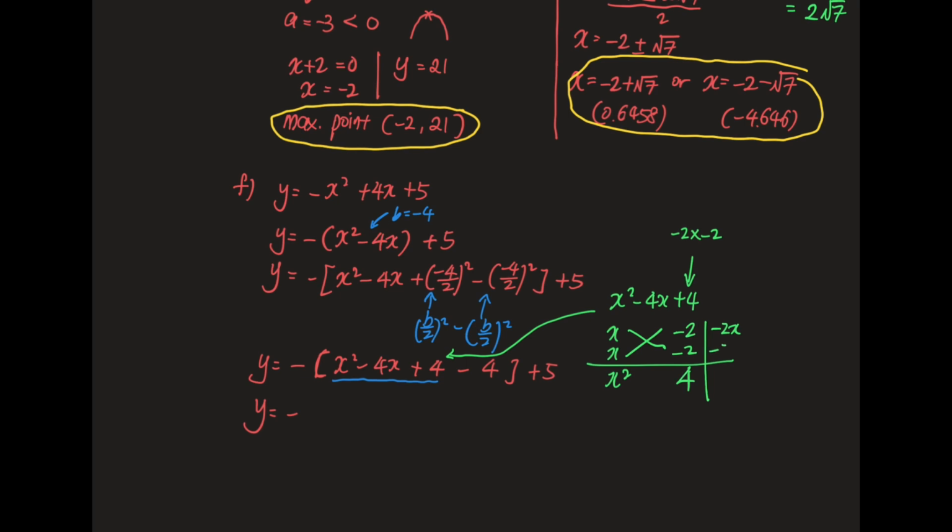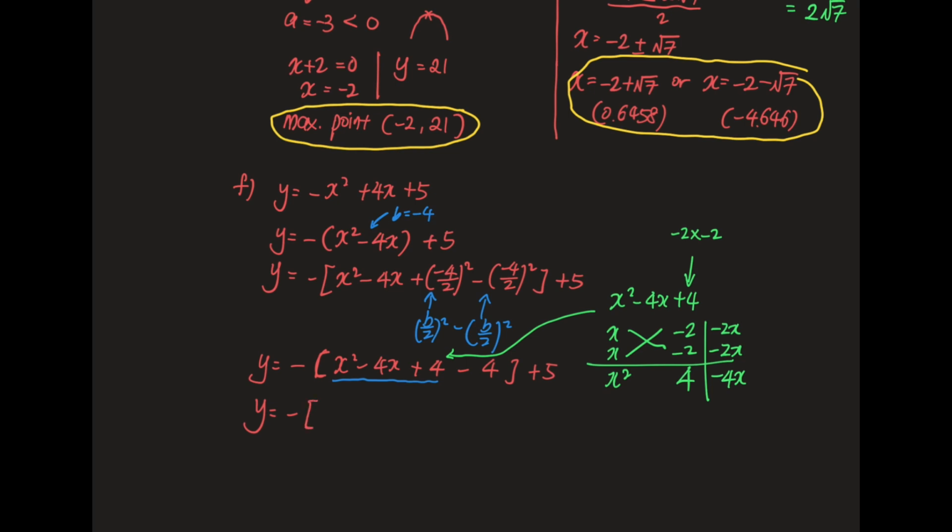Then you cross multiply: x times minus 2, and again x times minus 2. Add them up and you get minus 4x. Minus 4x is what we want, so this factorization is correct.